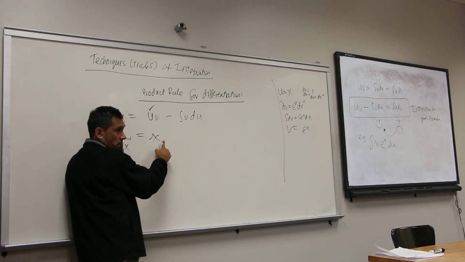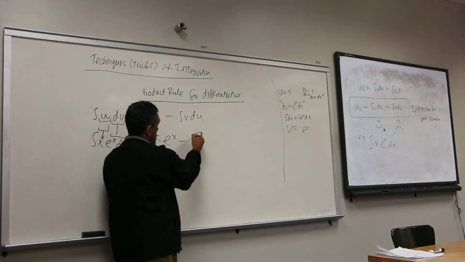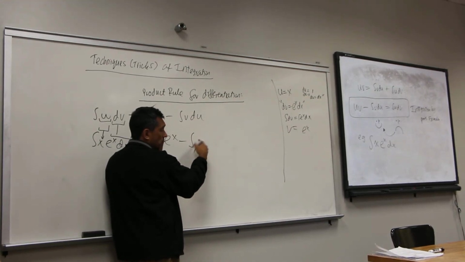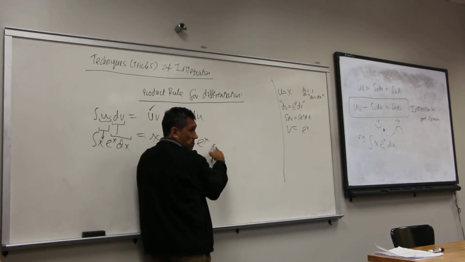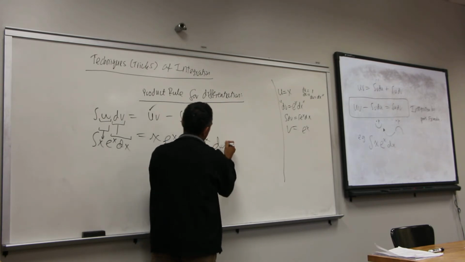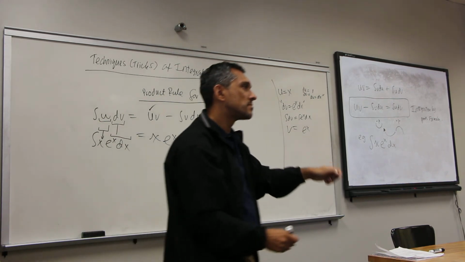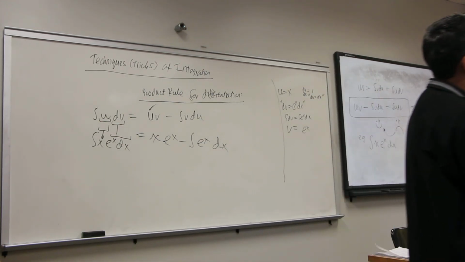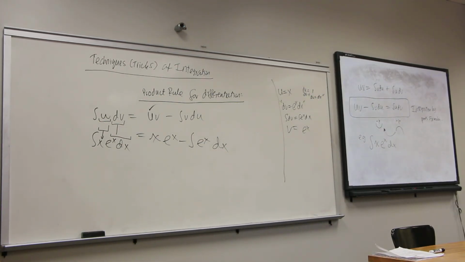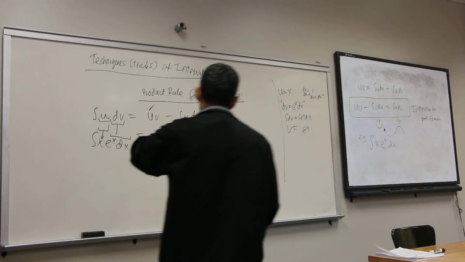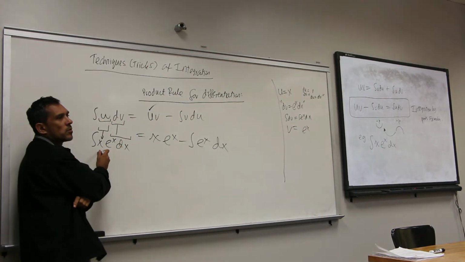What's dv? e to the x dx. What's du? dx. And that is a nice problem. That is to say, we have differentiated out the x that was causing a problem with the integration to begin with.